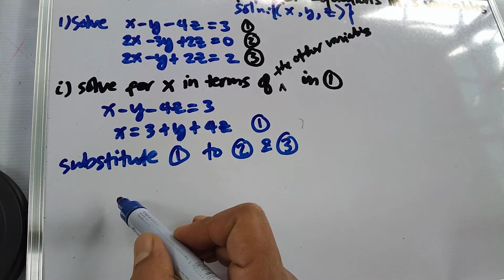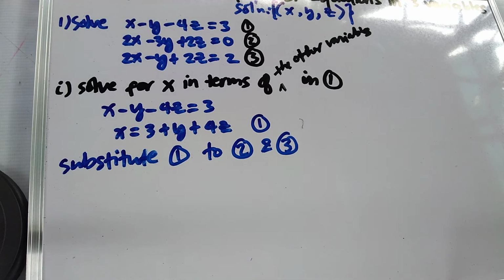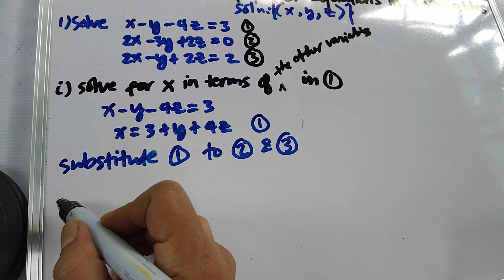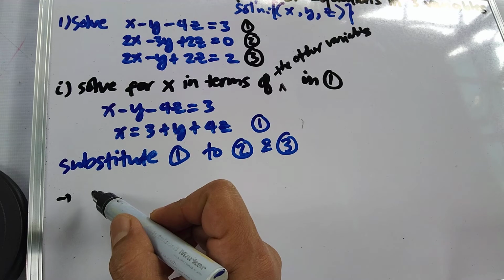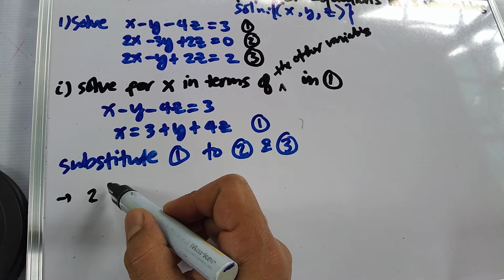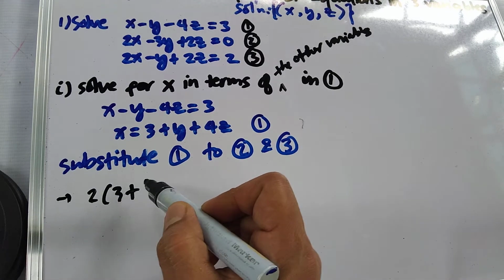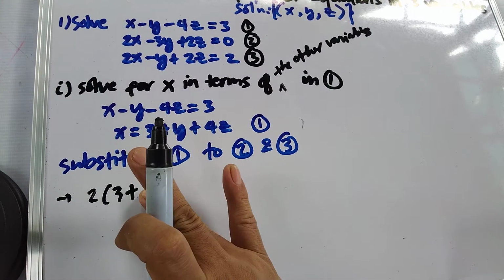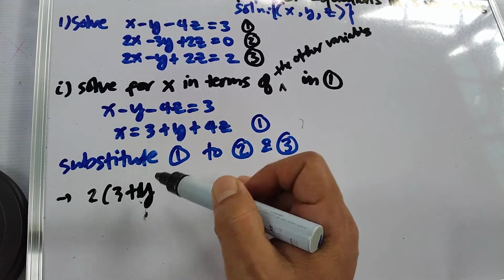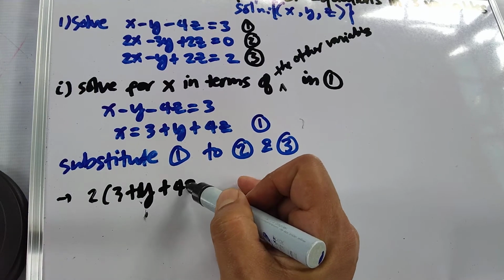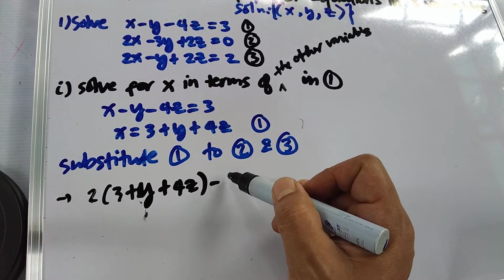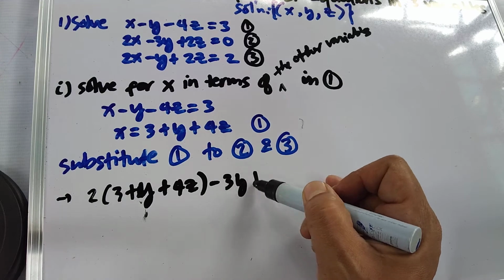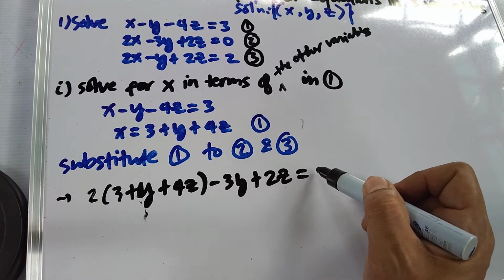We have now, for equation 2, 2 times 3 plus y plus 4z minus 3y plus 2z is equal to 0.